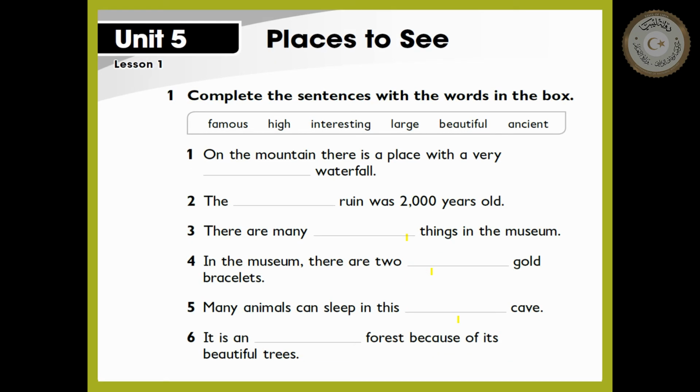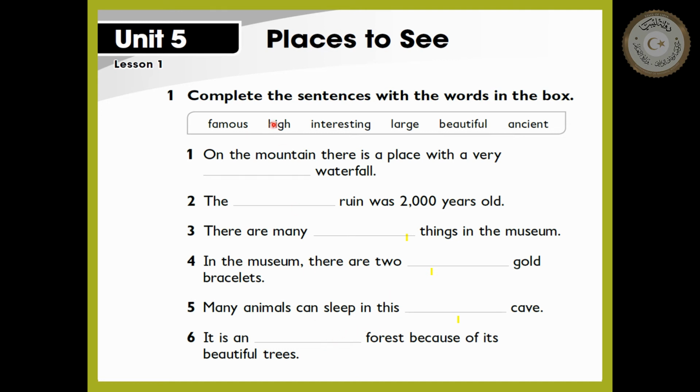Number 1. Complete the sentence with the words in the box. So we have here some words. Are they different places? No, they are adjectives. Excellent. So we have famous, high, interesting, large, beautiful, ancient. About 6 adjectives, and we need to put these adjectives in these places.